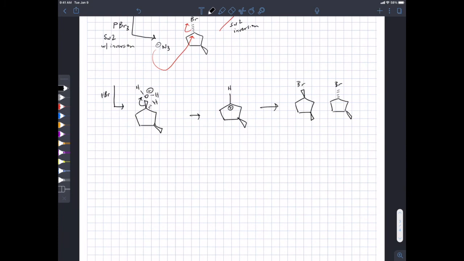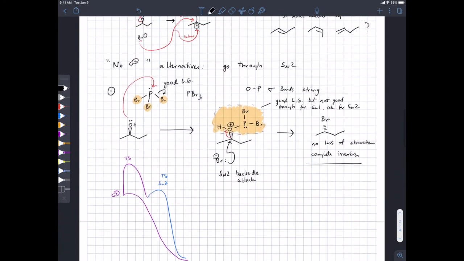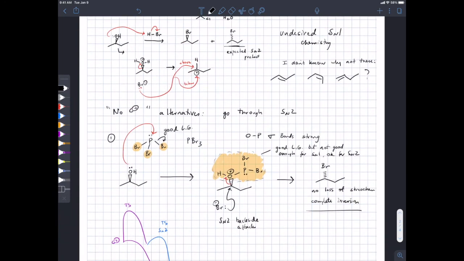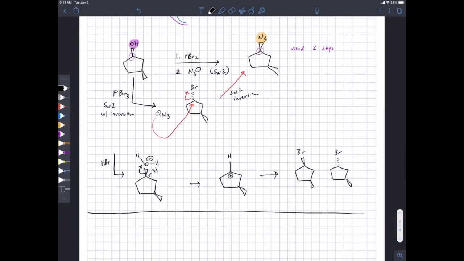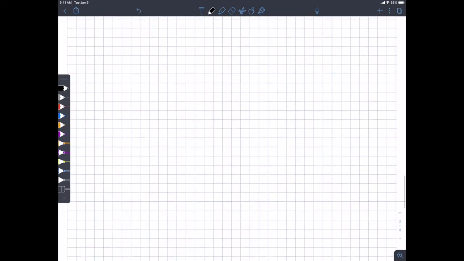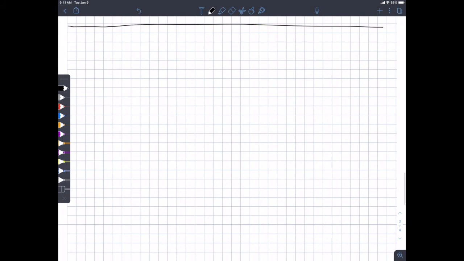Now, in chemistry, we like to have multiple ways of doing things in order to get us out of unanticipated chemistry jams. There's some reactions that don't go well for no particular reason, and so we like to have lots of options. So, introducing reagent number 2 that does Sn2 with inversion.